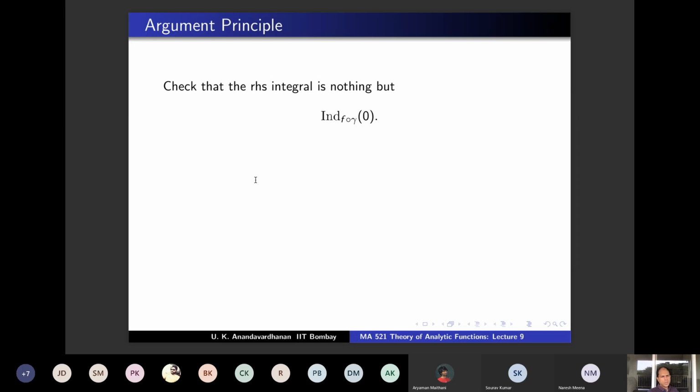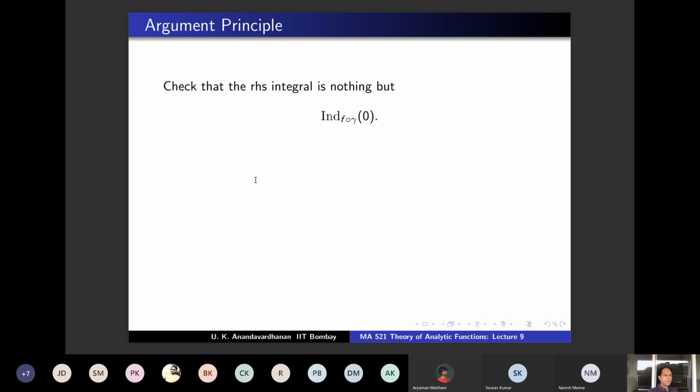Similarly, where 0 is, I don't care. You are just computing the index of 0 with respect to f compose gamma. You apply the definition, the integral over f compose gamma of dz by z, and expand, substitute, put it back. You will get exactly that integral, 1 by 2 pi i times the integral of f prime(z) by f(z) over gamma.